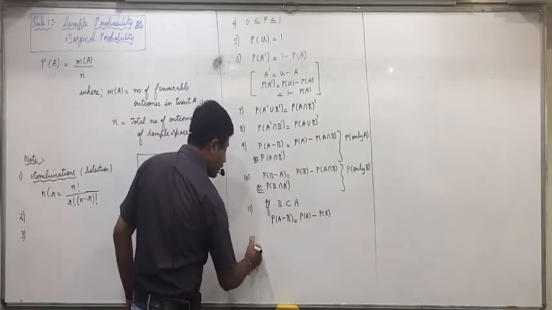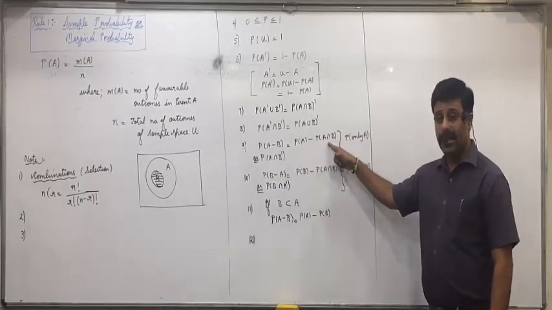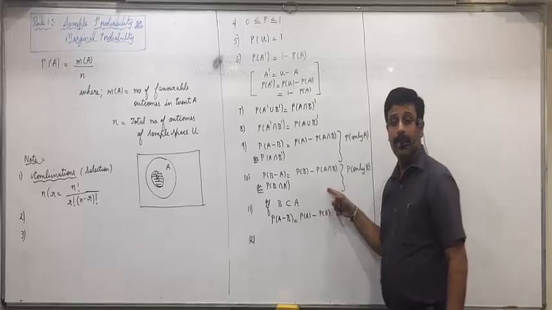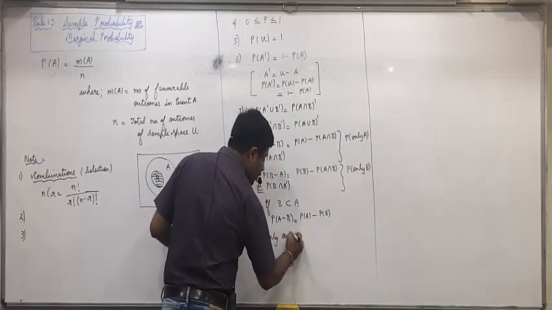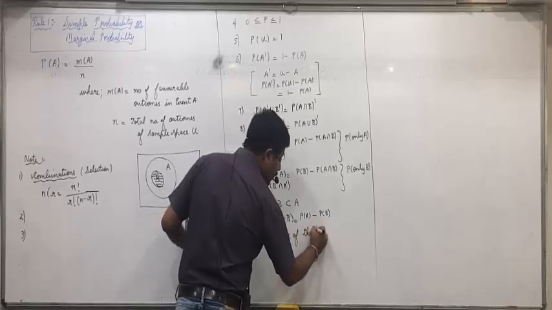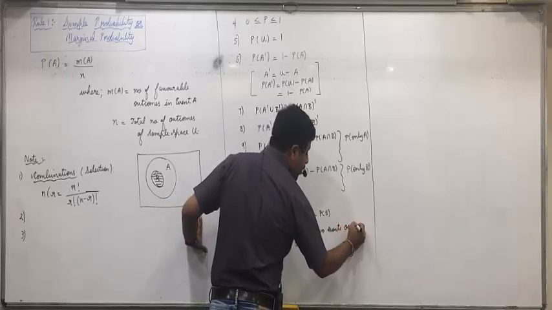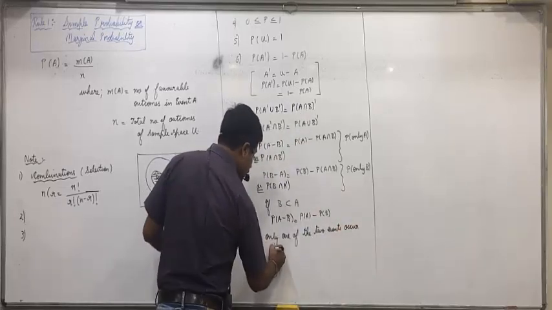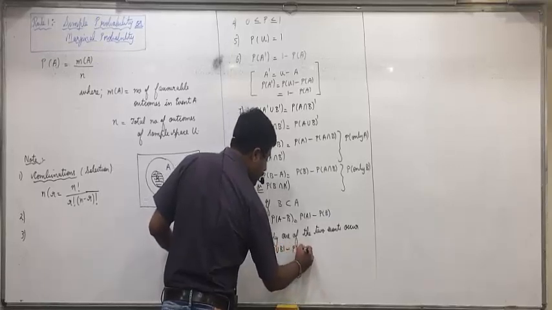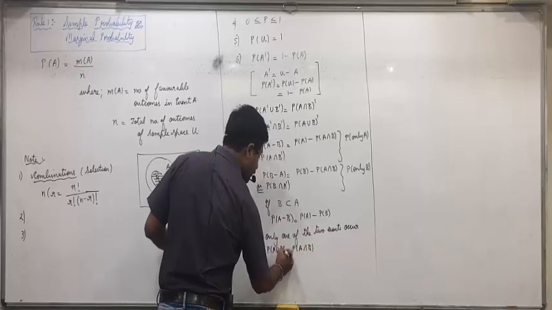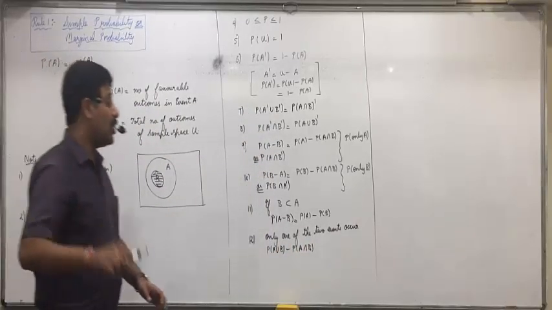And last, what is only A occurs? P(A) minus P of A intersection B. What is only B occurs? P(B) minus P of A intersection B. But if they ask you only one of the two events occur, then you will do it as P of A union B minus P of A intersection B. Only one of the two events occur means either only A occurs or only B occurs.